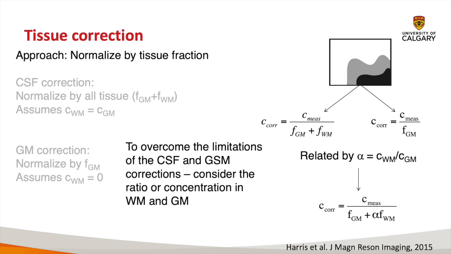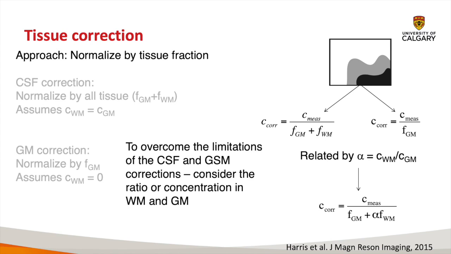I'm going to call that ratio alpha. So we can derive a more generic correction that includes this alpha factor. If alpha equals 1, we have the CSF correction, and if we set alpha equal to 0, we have the gray matter correction. This aims to account for the ratio of concentration of GABA in white matter and gray matter.